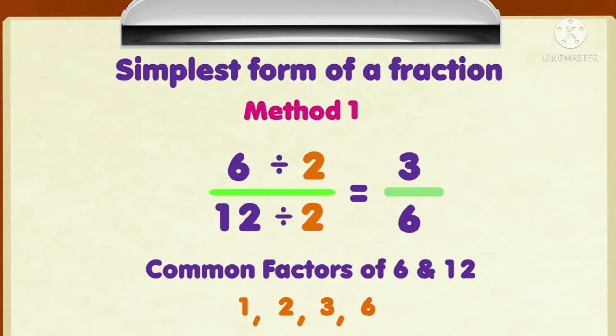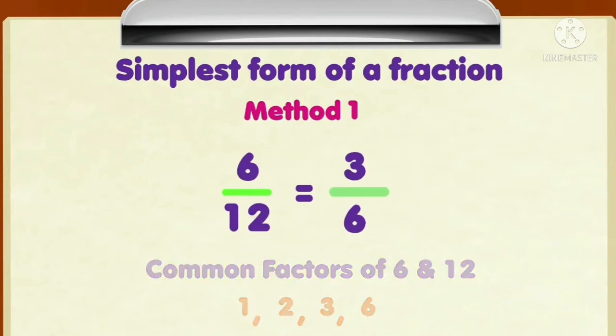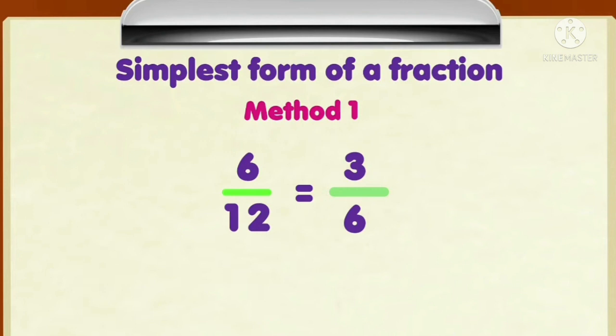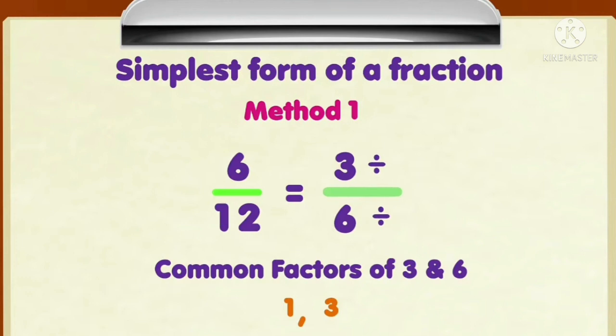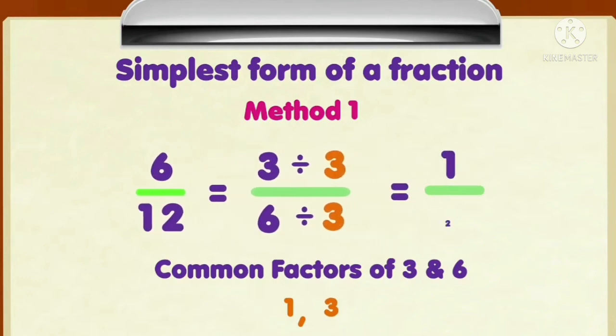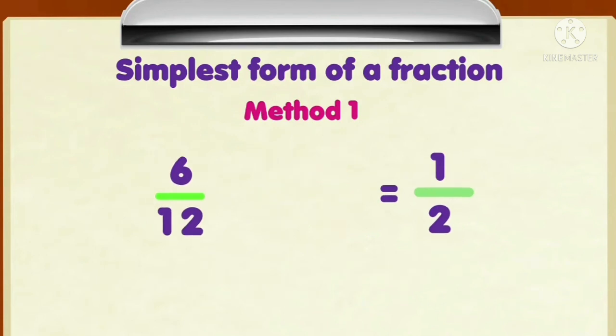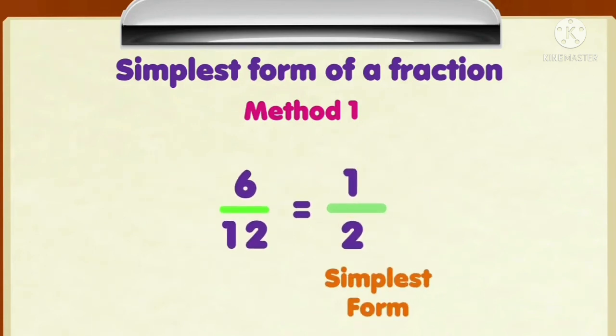Hence, we get 3 upon 6. 3 upon 6 is an equivalent fraction of 6 upon 12. The common factors of 3 and 6 are 1 and 3. Again, divide the numerator and the denominator of the fraction by 3. We get 1 upon 2. 1 upon 2 is also an equivalent fraction of 6 upon 12. 1 and 2 do not have any common factor other than 1. Thus, the simplest form of the fraction 6 upon 12 is 1 upon 2.